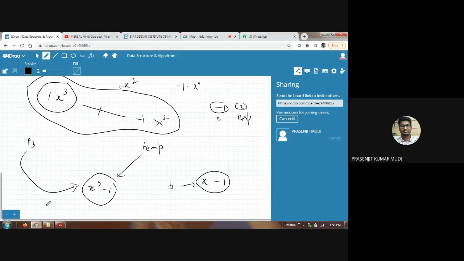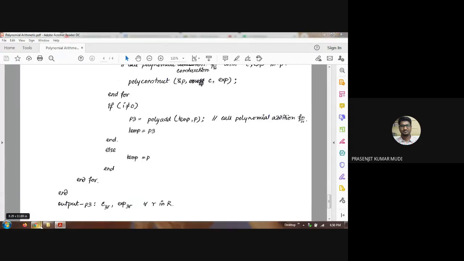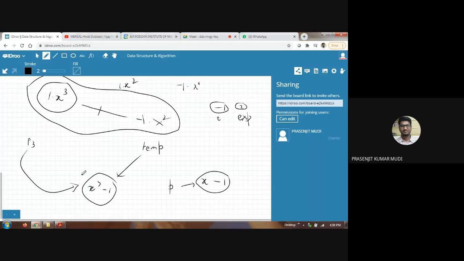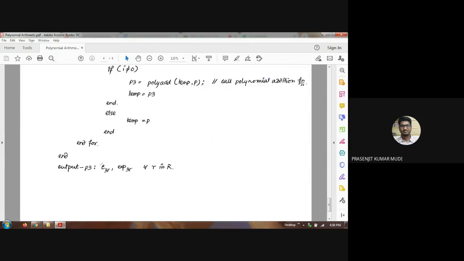So after the completion of this algorithm, who is actually pointing to the final result? That is P3. So output P3. Output P3 means display all the coefficients and exponents starting from the highest degree to the lowest degree.